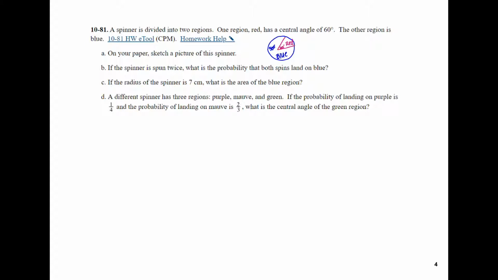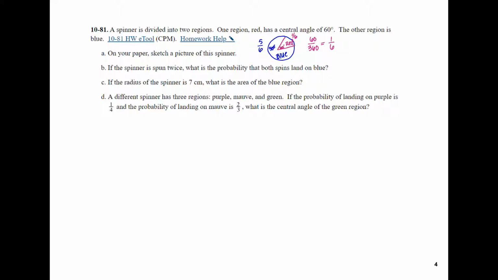So if we look at our red piece of our circle, 60 divided by 360 would be 1/6. So we would say that red would occur 1/6 of the amount of times and blue would occur 5/6 of the amount of times.